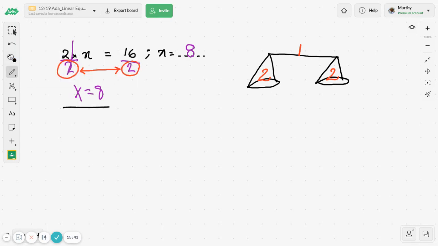I'm going to give another question. Say that the product is 39,936. 128 times x equals this one. So how are you going to solve?